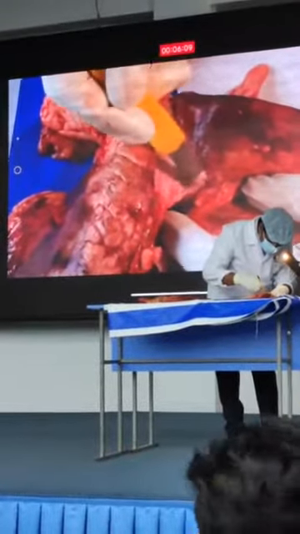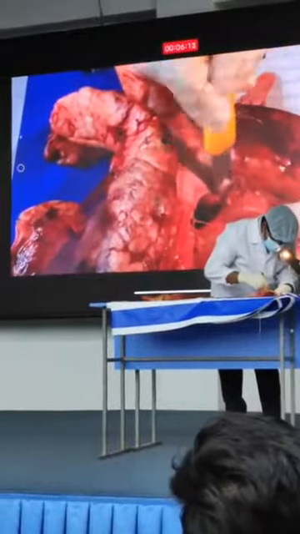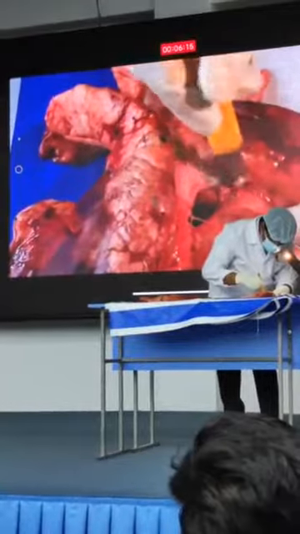So what I am cutting is the tissue which is present around the main bifurcation, that is the carina.